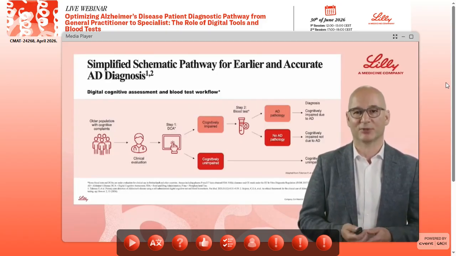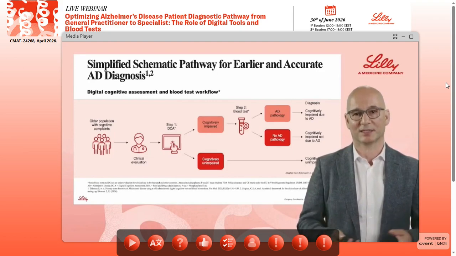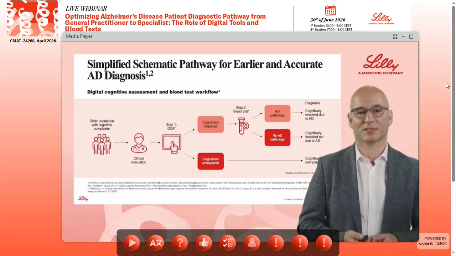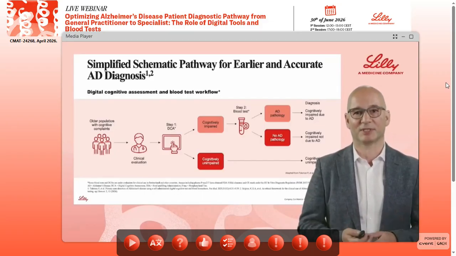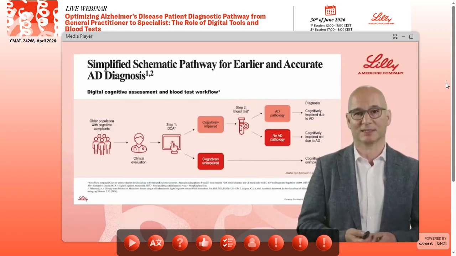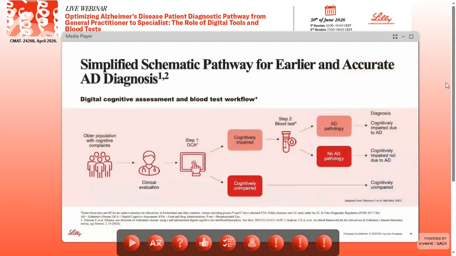This is an example from a recent study that was conducted in Sweden, where they implemented a digital cognitive assessment at the level of primary care physicians, and this was then followed up by a blood-based biomarker test. Of course, in reality, it's not as straightforward and as simple as displayed here, but in principle, we have a clinical evaluation that's followed by a digital cognitive assessment.